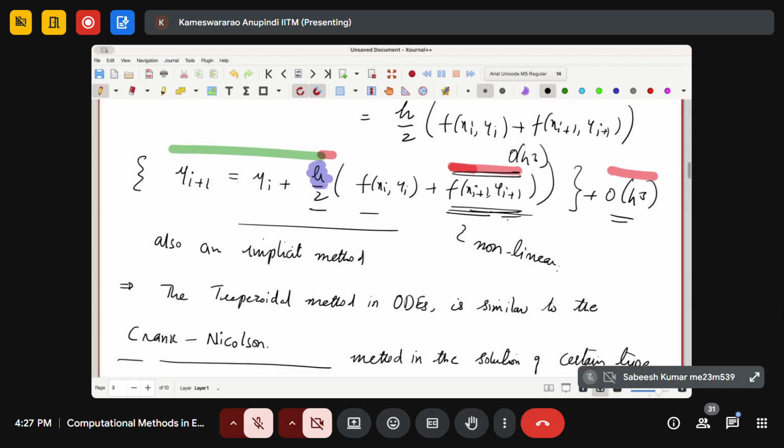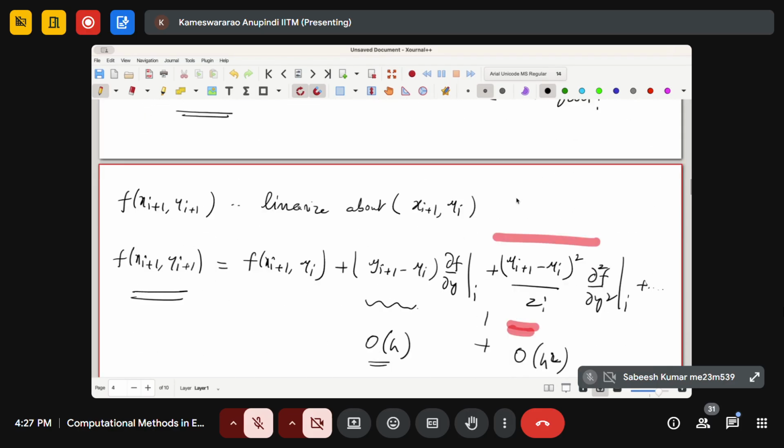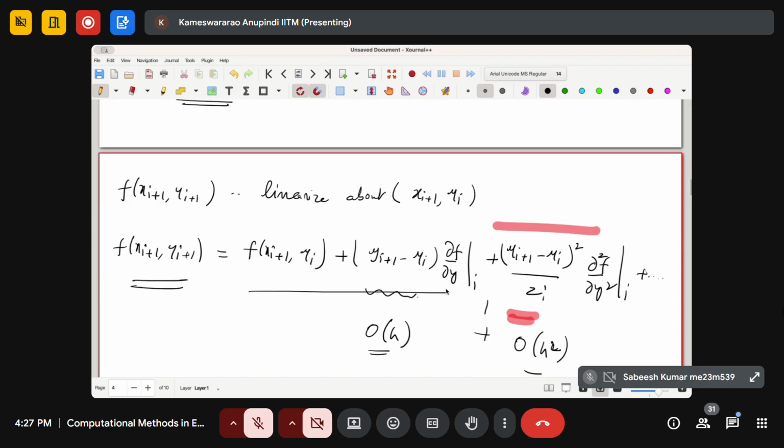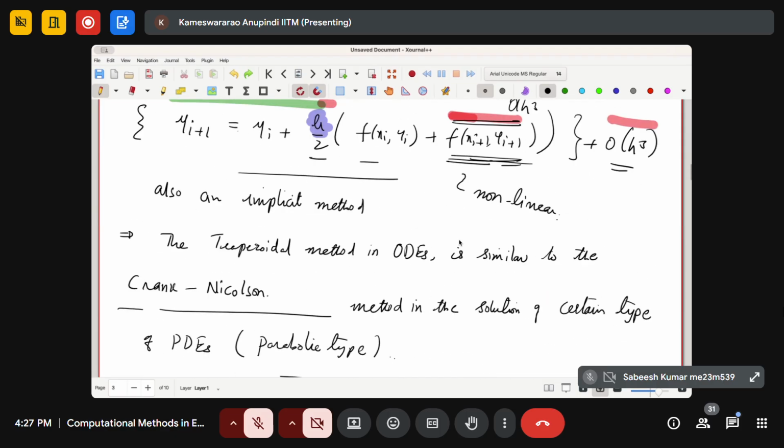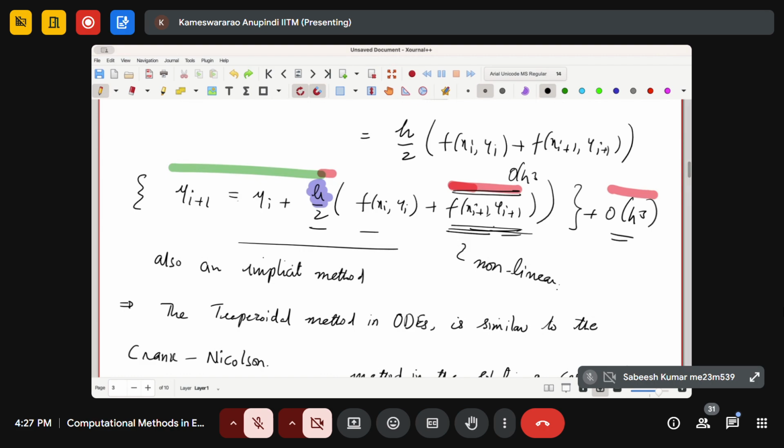As a result, I am okay expressing f of x_{i+1}, y_{i+1} to include the first two terms. Is it clear what I'm trying to say? The thing here is that we want to convert this nonlinear function into a linear function, a linearized function.